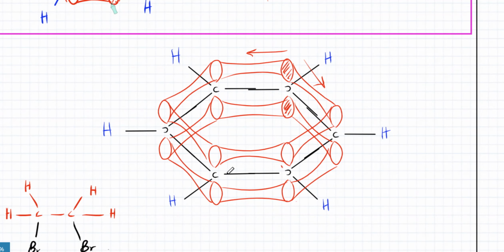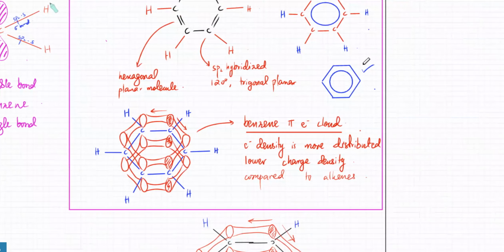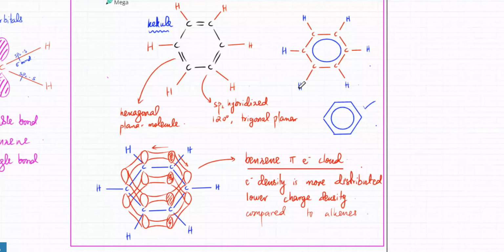You've got a pi electron cloud everywhere on the structure, which is why the skeletal formula of benzene is a ring. Or in simplified terms, it's basically alternating double bonds. They kind of get mixed up, which is why you get a delocalized electron cloud, which is similar to this one.